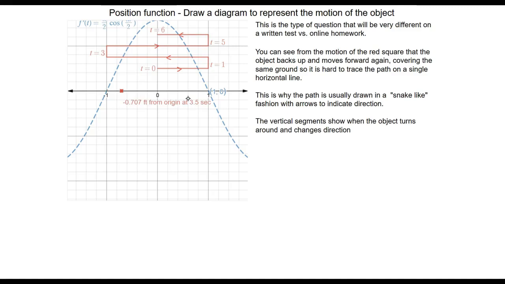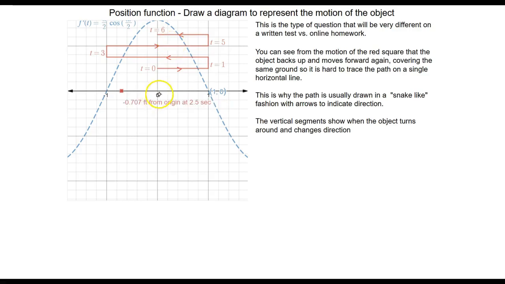So usually the path for a straight line motion like this is drawn in a snake-like diagram. You'll see that in the book. And arrows are put on each segment to show which direction the object is moving in.